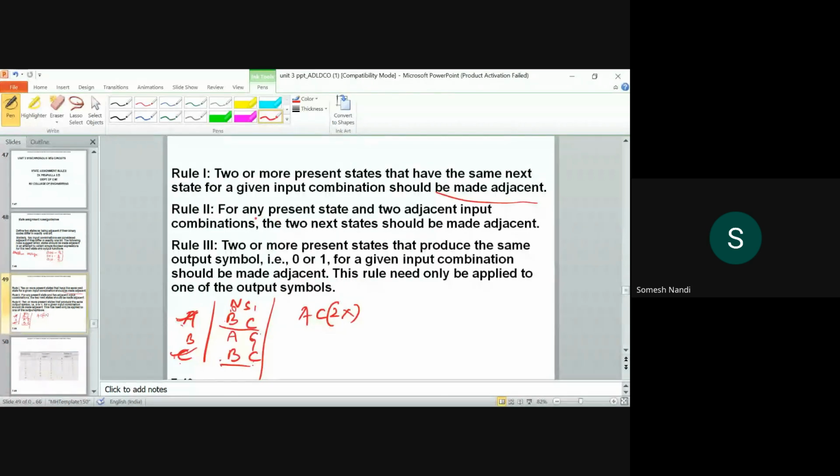Rule 2 is: for any present state and 2 adjacent input combinations, the 2 next states should be made adjacent. What is the meaning?